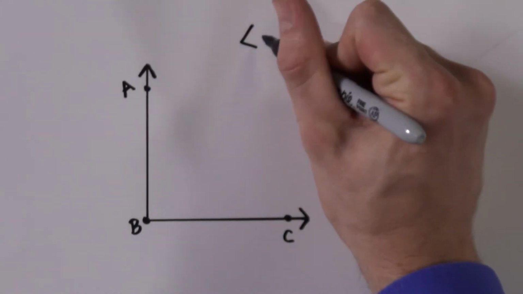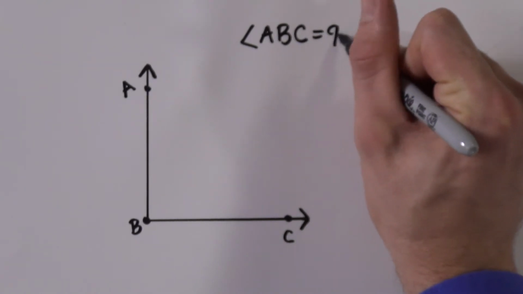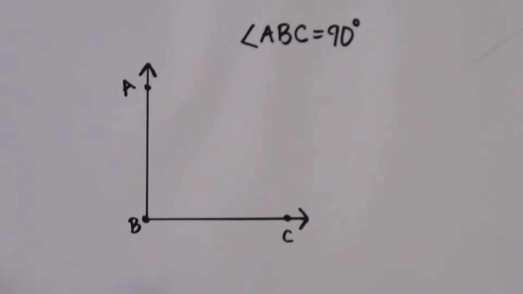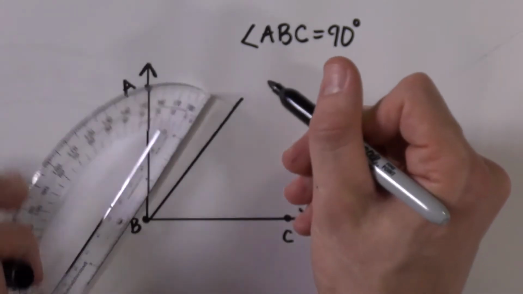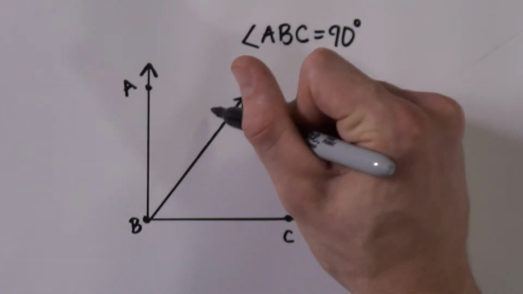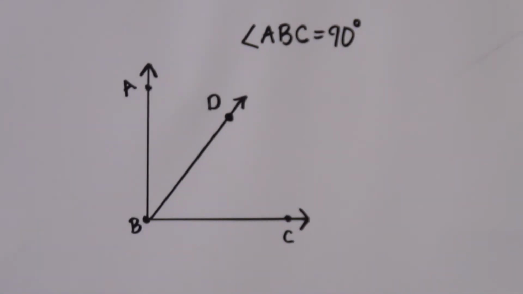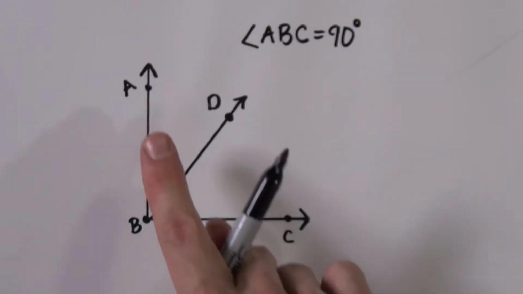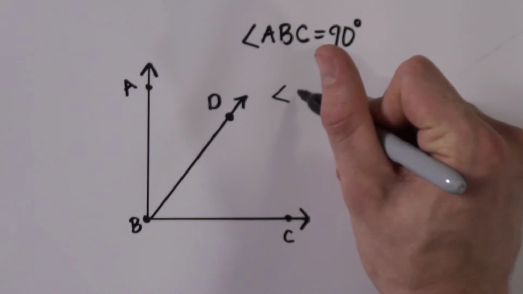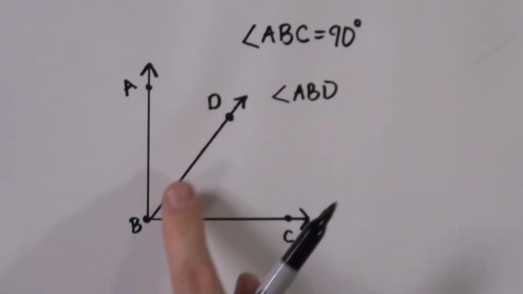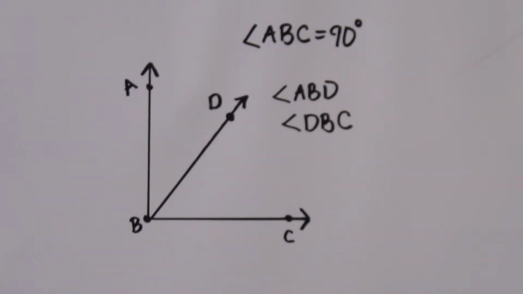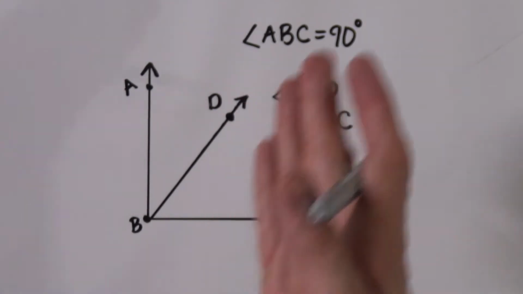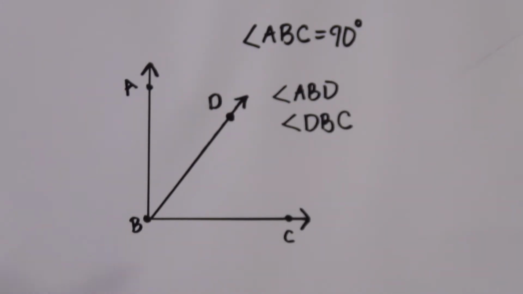So if I know that angle ABC is 90 degrees, then if a ray is drawn from B to some other point, let's say we have a ray here where ray BD intersects angle ABC, I now see that angle ABD and angle DBC are adjacent, non-overlapping angles, and they're also complementary because ray BD intersected this perpendicular or right angle, okay?